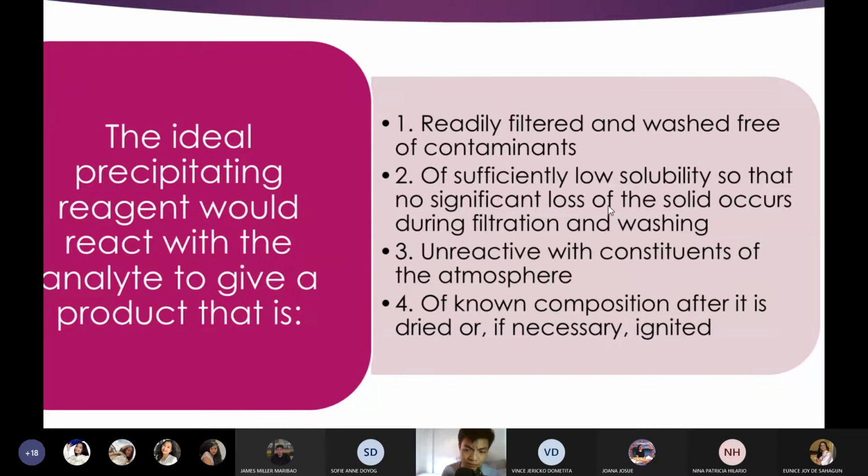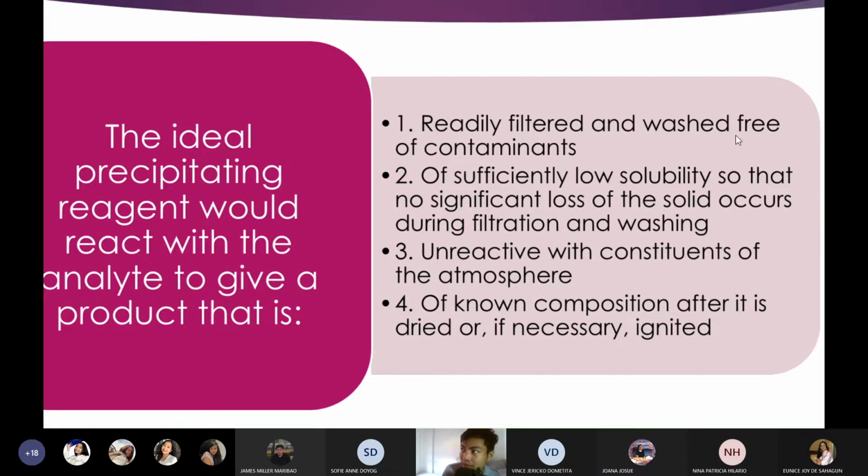Kasi kapag mataas yung solubility niyan, it means na yung precipitate nagiging ions uli. Ayaw mo yon. So, ang gusto mo is yung precipitate mo ay precipitate lang. Hindi siya babalik into ions. So, in other terms, it must be low in solubility.